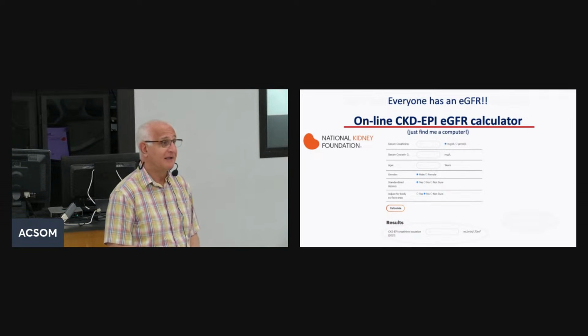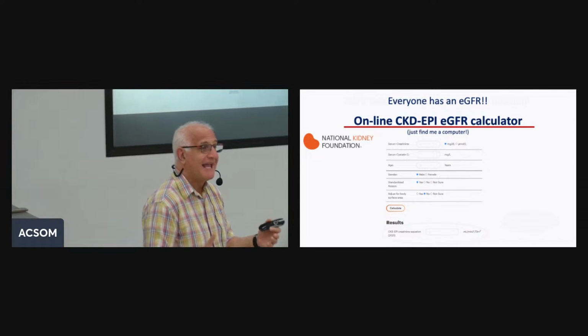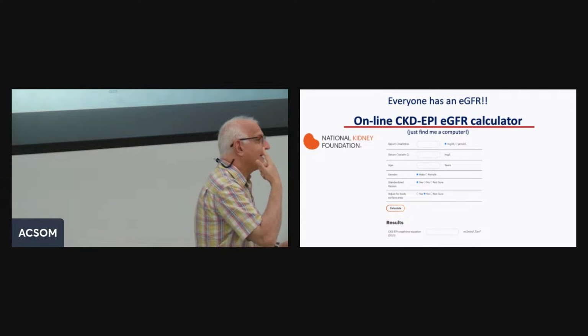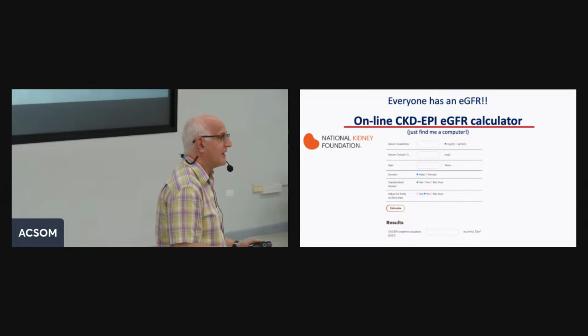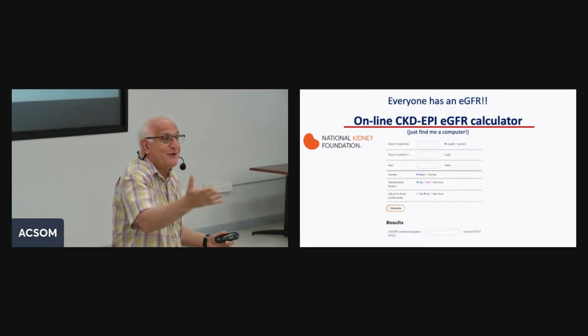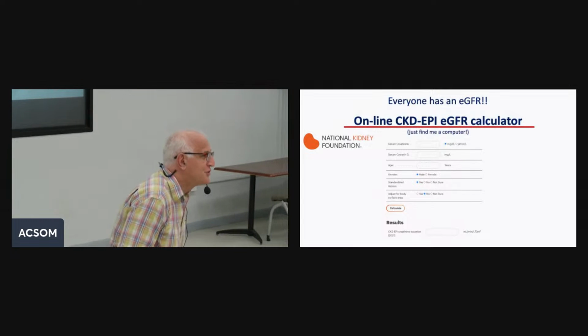If you think about it, today you learn something about yourself. Each one of you has a GFR. You know about the color of your hair, color of your eye, your height, your weight. But you didn't know that you have a GFR. Every single one of you has a GFR.